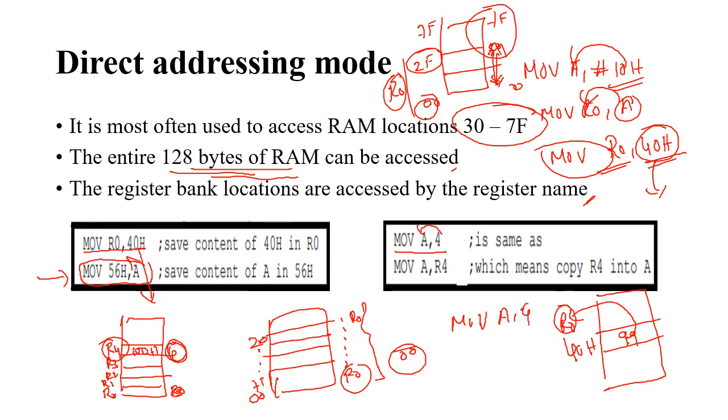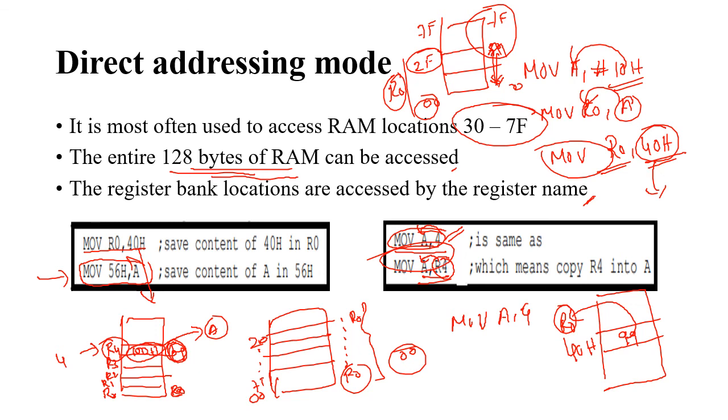That is, the address 4 has the data 100H, and the 100H will be copied to the accumulator. The same instruction can be written as move A comma R4, which says the content of register R4 is copied to A. The address of R4 is nothing but 4. So these two instructions are one and the same. You can write either move A comma 4 or move A comma R4.